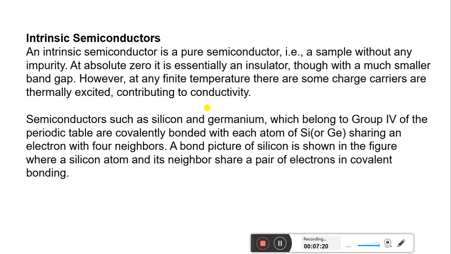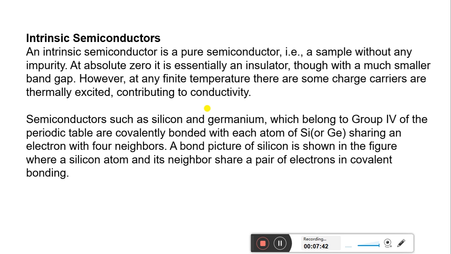Here we will discuss the intrinsic semiconductor. They are pure semiconductors, and normally they don't have free electrons to move here and there. So at normal temperature there doesn't exist any conductivity in the intrinsic semiconductor.